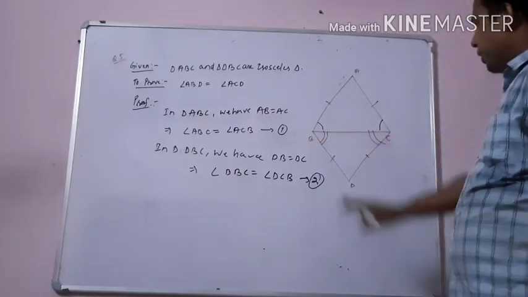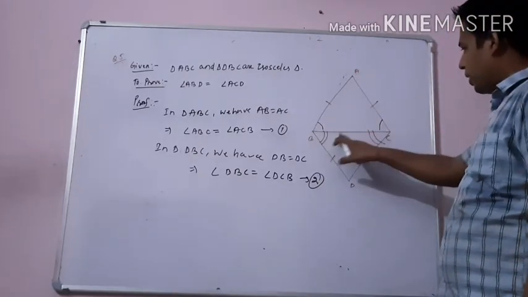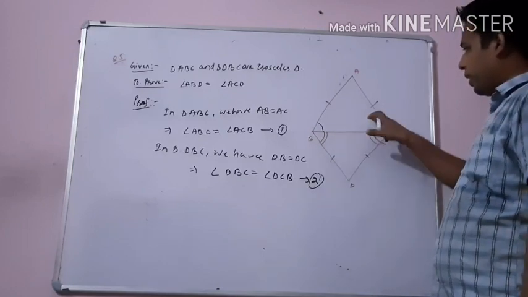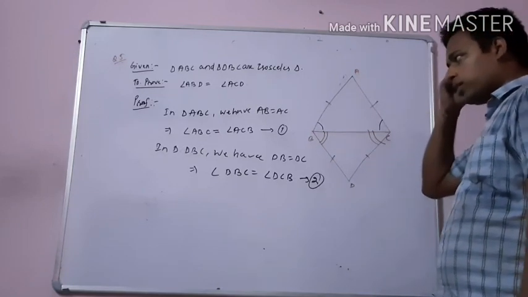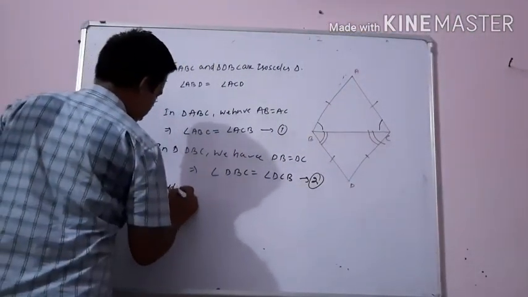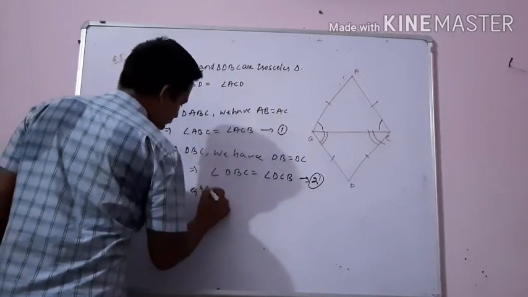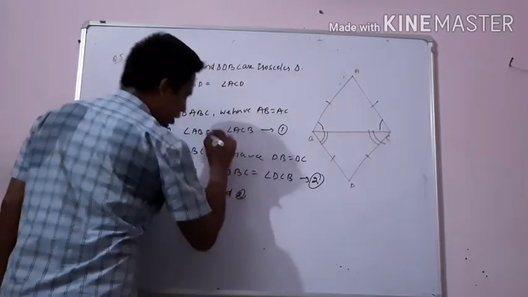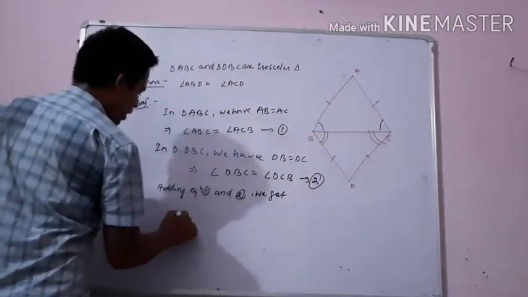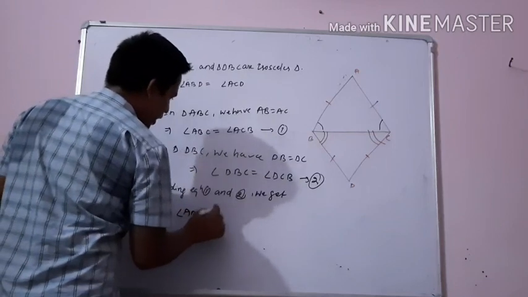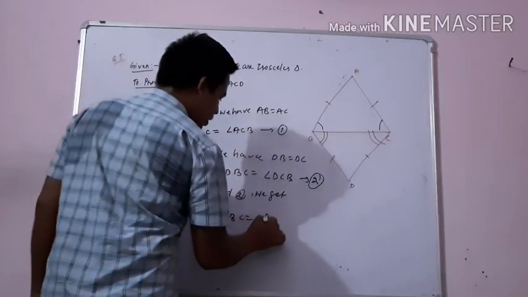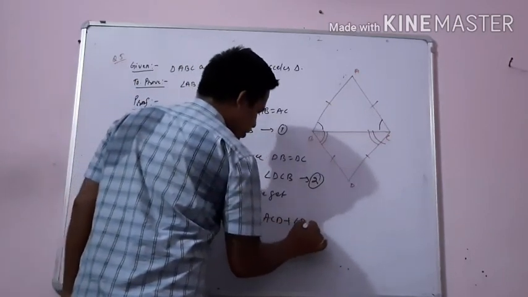Now this angle is equal to this angle and this angle is equal to this angle. When we add these angles, they will give equals. So adding equations 1 and 2, we get angle ABC plus angle DBC equals angle ACB plus angle DCB.